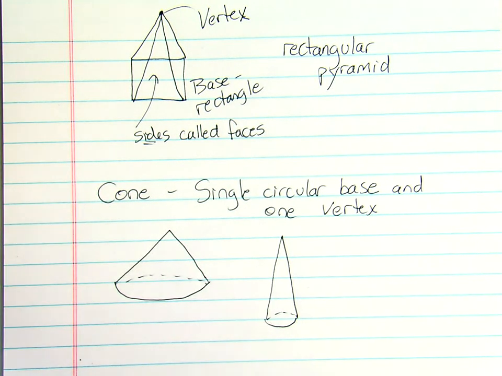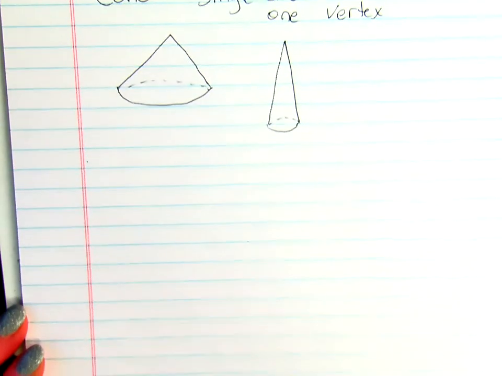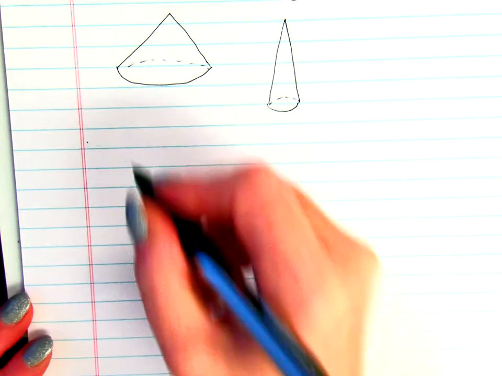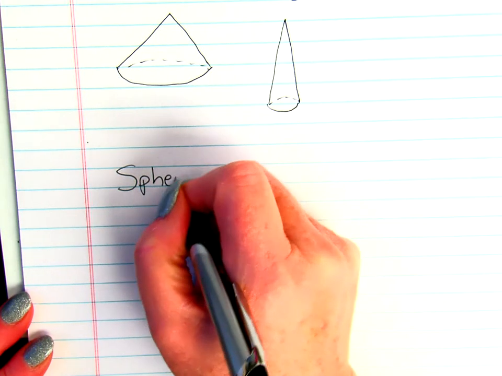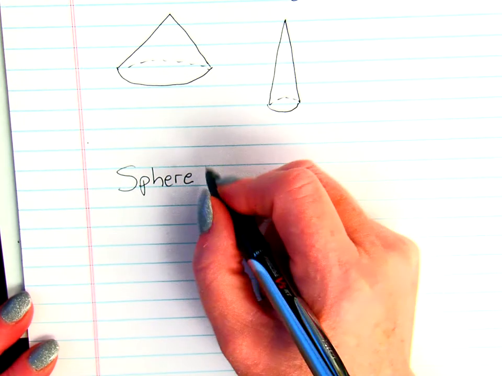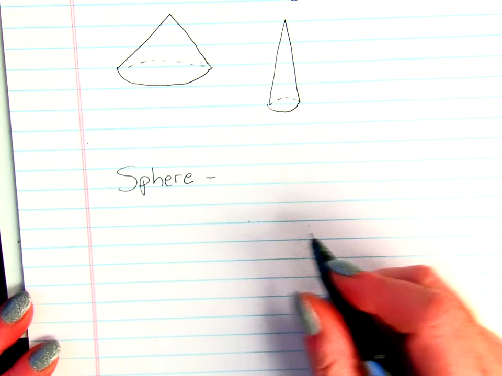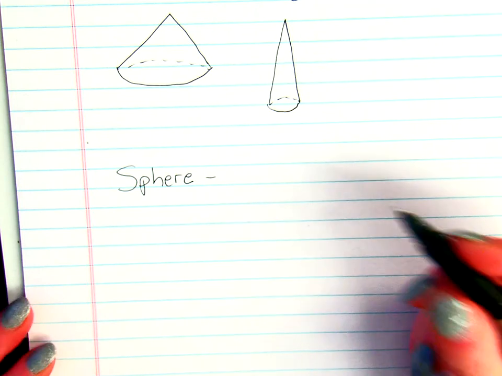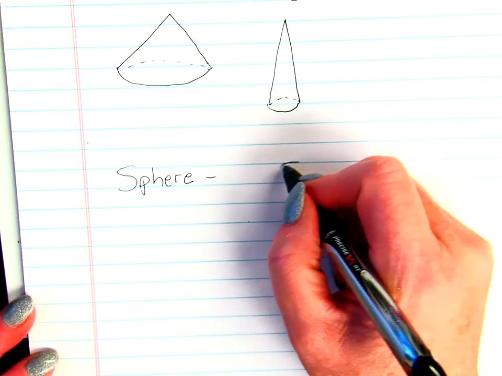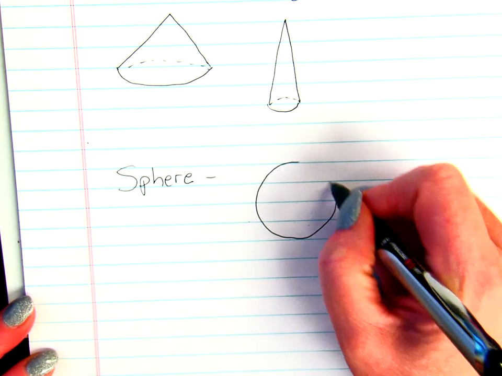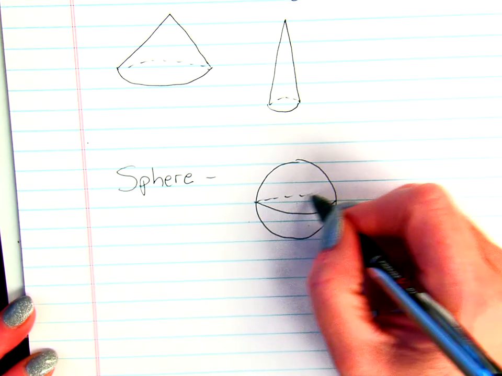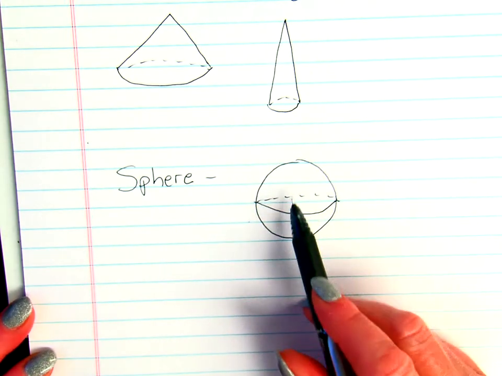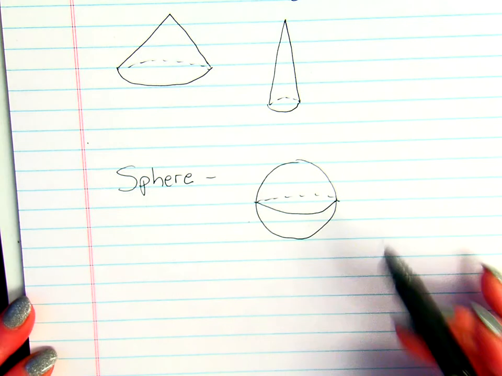And then finally, the last shape that we're going to talk about is the sphere. The sphere is basically a ball. We're going to look at it pretty much like this, and they'll kind of dip that and then do this in the back to give you a sense of dimension.